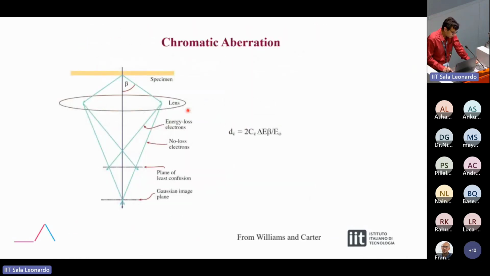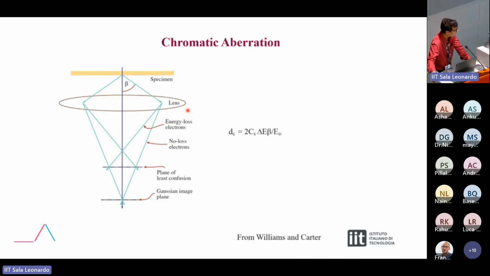Then I'm talking about chromatic aberration, because if I'm operating a microscope at 200 kilo electron volts, it doesn't necessarily mean that I have all electrons at 200 keV. I have some electrons above 200 keV and some electrons below 200 keV. So that's called energy spread.